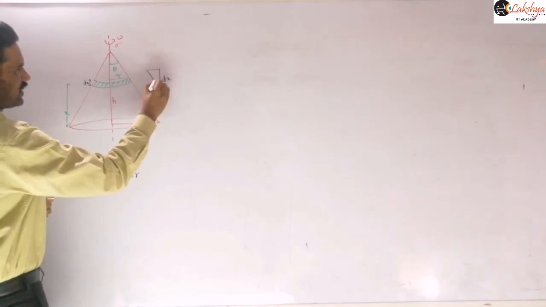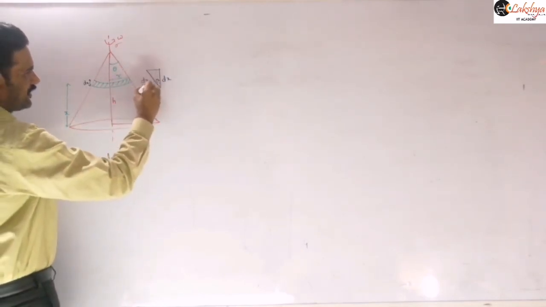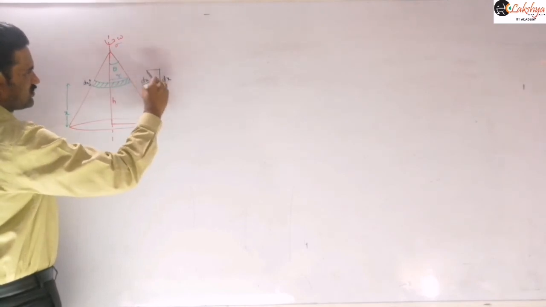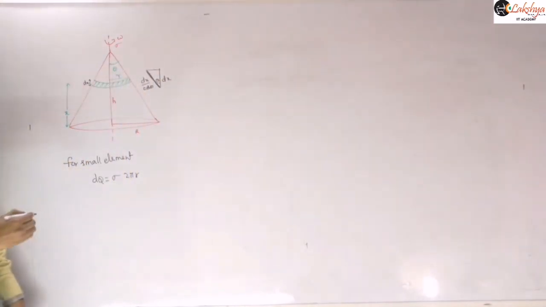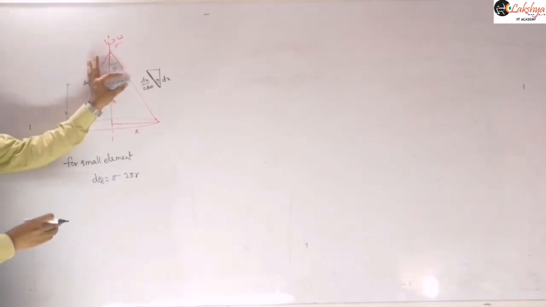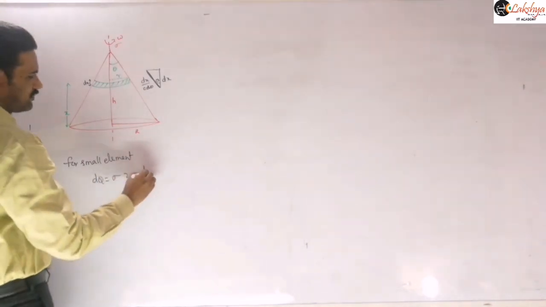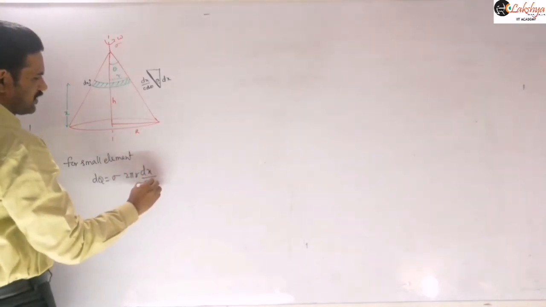So this will be the width of this element here. With the vertical, this angle you can consider as theta. And so this expression you can write as dx cos theta. So this will be the width of that element there, right? And so then 2 pi r dr generally we are writing. So here dr means we need to write this width here, which is nothing but dx by cos theta.